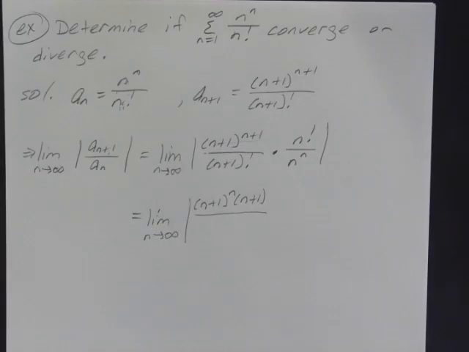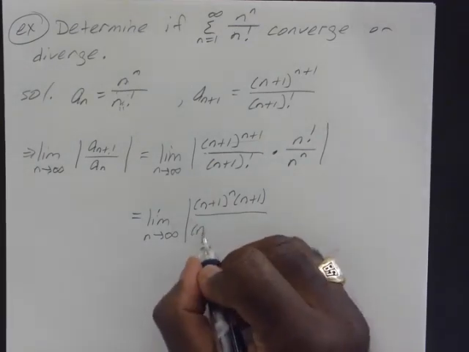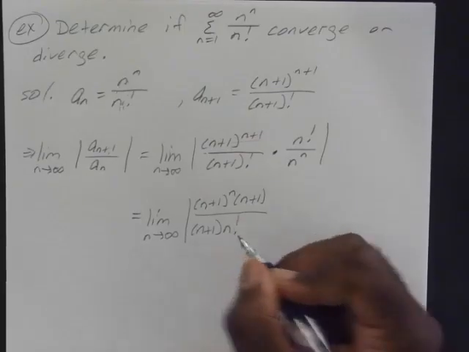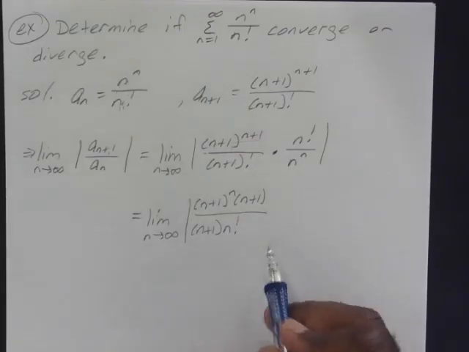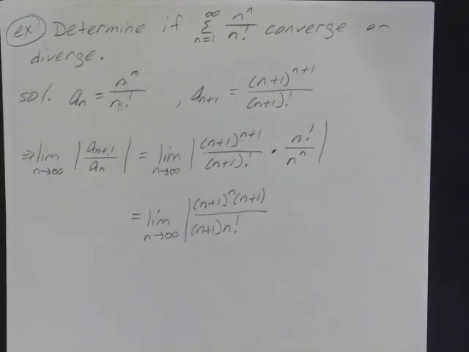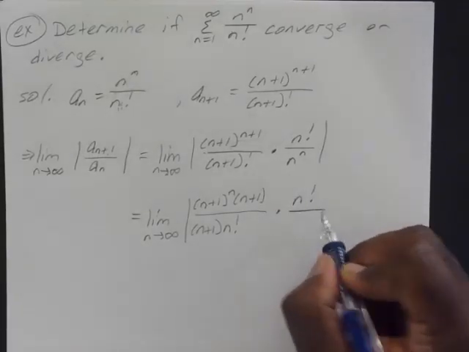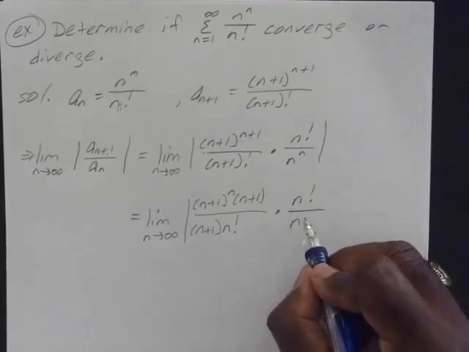Divided by n plus 1 factorial, we can rewrite that as n plus 1 times n factorial, since everything after n plus 1 becomes n factorial. So you have n minus 1, n minus 2, all the way down. Times n factorial divided by n to the power of n.